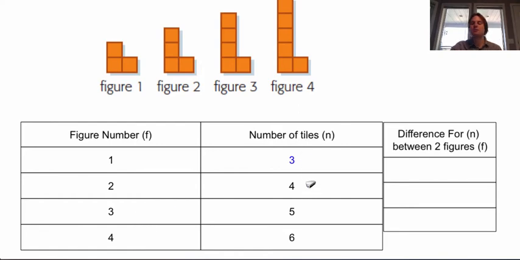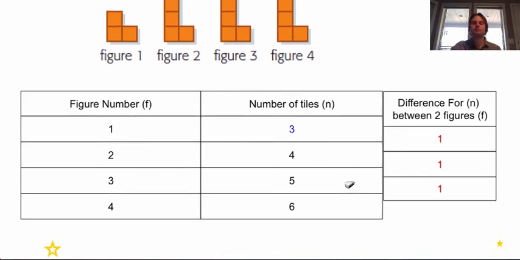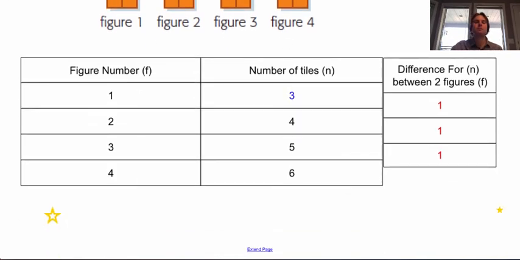So once again, these are going up by 1, and each of these are going up by 1. So the difference between 3 and 4 is 1. 5 and 4 is 1. 6 and 5 is 1. Okay? So now let's try and make our formula based off that table. So to get the number of tiles, we go the figure number multiplied by 1, and then I have to add something.